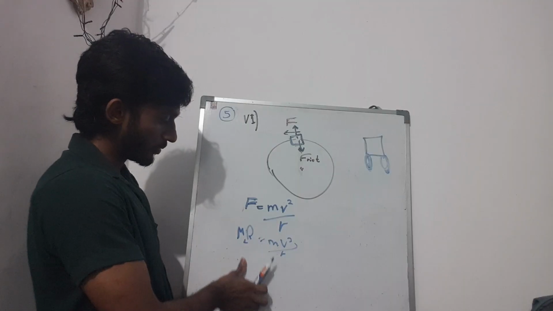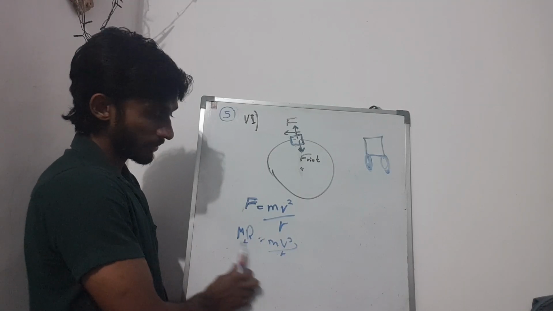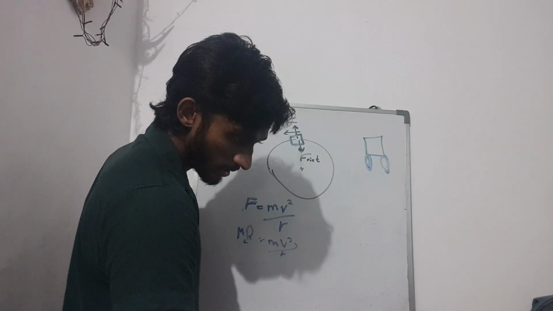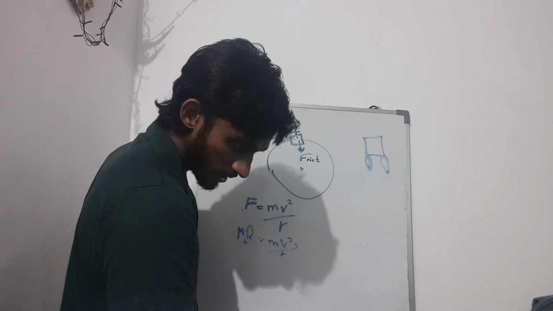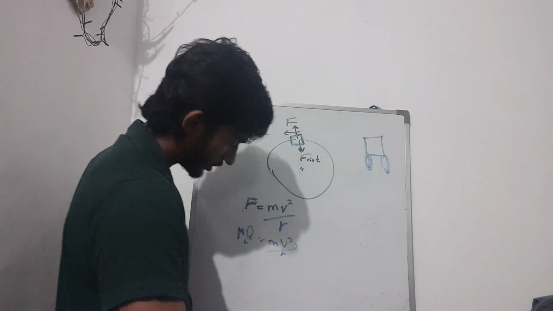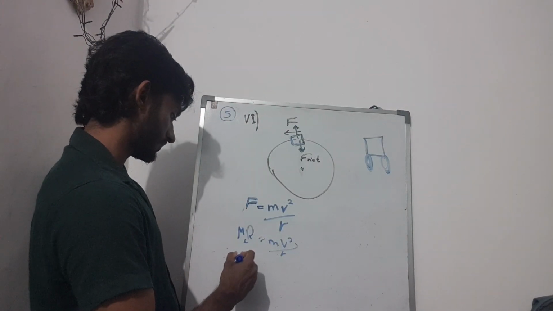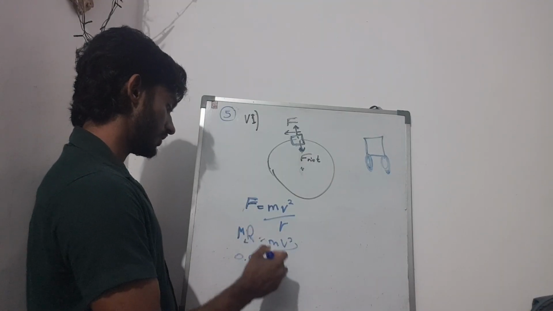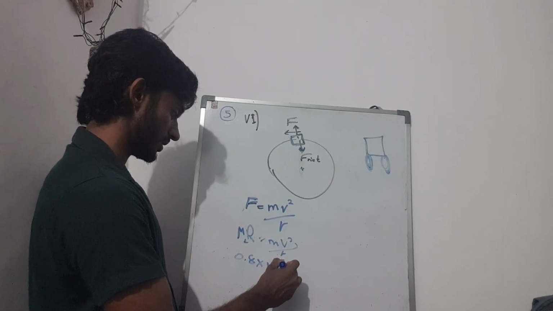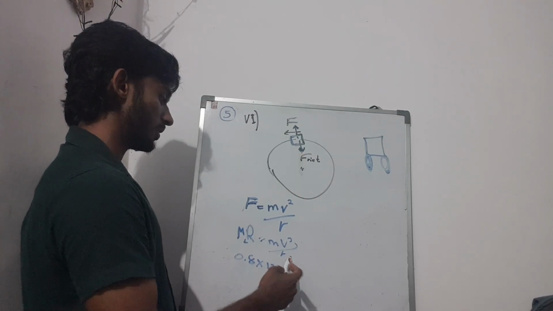Mu L, the limiting friction coefficient given in the B section, is 0.8, and the reactive force is mg.